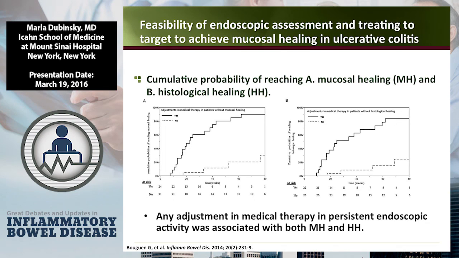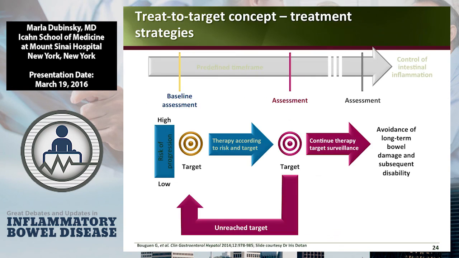And he was able to take up to 70% of patients to mucosal healing by adjusting his therapy based on a 6-month endoscopy after he started whatever therapy he started. So the ideal is the ability to objectify your outcome, find your target, and adjust accordingly.